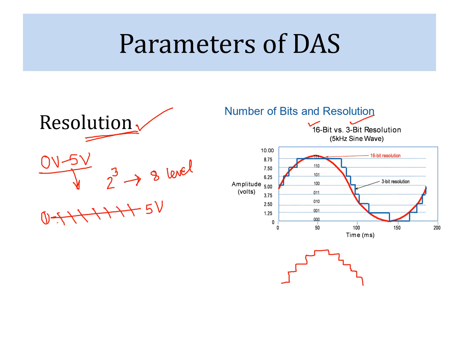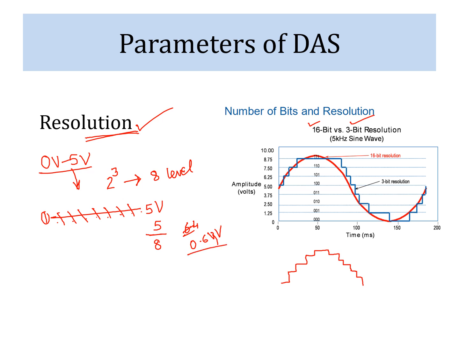Now there are 8 almost equal parts. So the resolution will be 5 volt divided by 8, which is around 0.64 volt. That is the minimum value that we can measure through 3 bit.